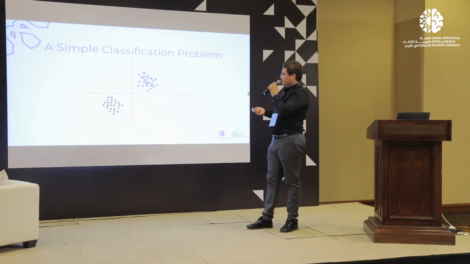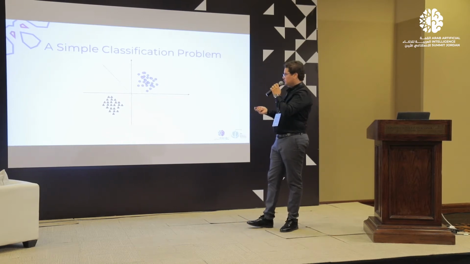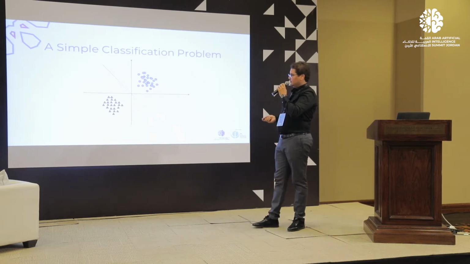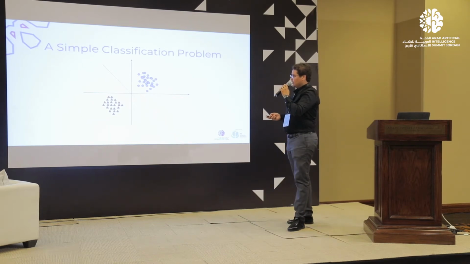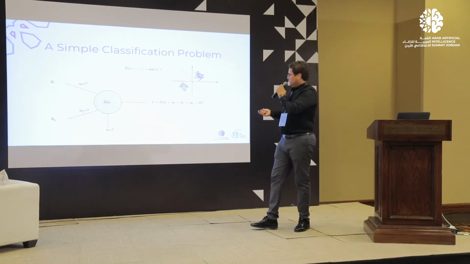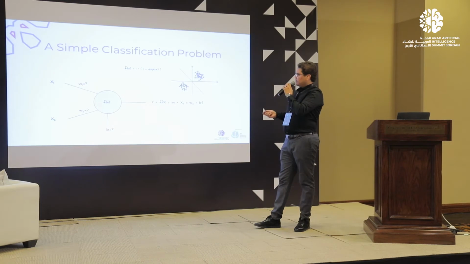Here is a simple classification problem. We have these points here that belong to the first category, and we have these points here on the negative side, which belong to the second category. How can we use a neural network to classify these points? If we choose a neuron, as we said, our objective is to find the W's, the weights, and the bias.